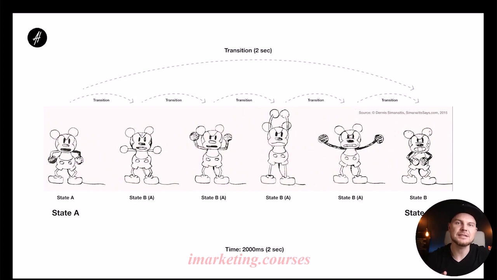So in 1 second, you will see 24 different frames. And we see all these frames here. But basically, it's state A that transitions into state B. Then state B becomes state A, and it transitions into another state B, and so on and so forth. And in 2 seconds, you will see how Mickey Mouse goes from this position into this one. This is what motion design is. It's as simple as that. State A to state B with time.